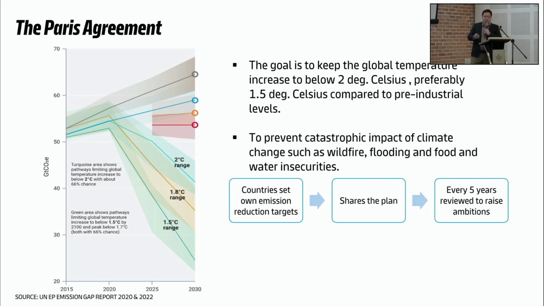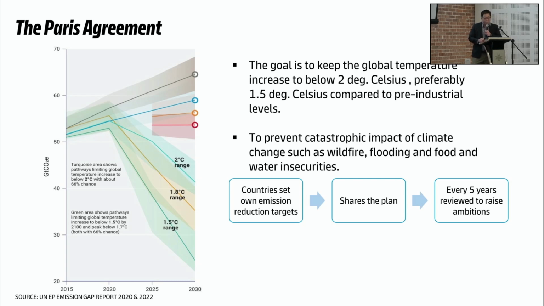By some calculation, right now we are at about 55 gigaton of CO2 equivalent per year emission on Earth. So in order to achieve a cooler climate, in order to reduce the increase down to this range, the objective and the goal is to reduce 35 gigaton of CO2.